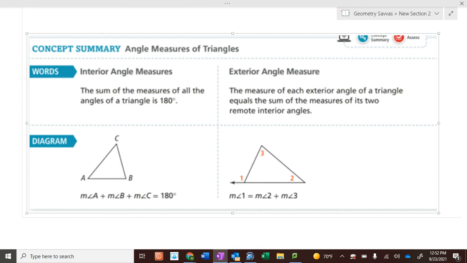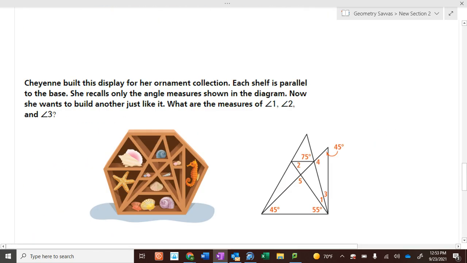So what is a remote interior angle? Well, if the angle doesn't touch it, it's a remote interior angle. Since this one touches it, it's not one of the two, so we take the other two of the triangle because there's only three angles of the triangle. These two add up to be this. So these are the concepts we're going to learn in this second section.